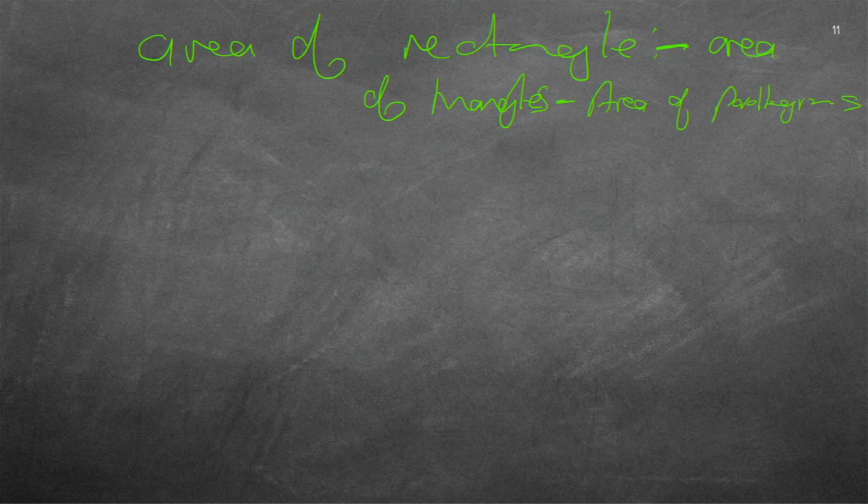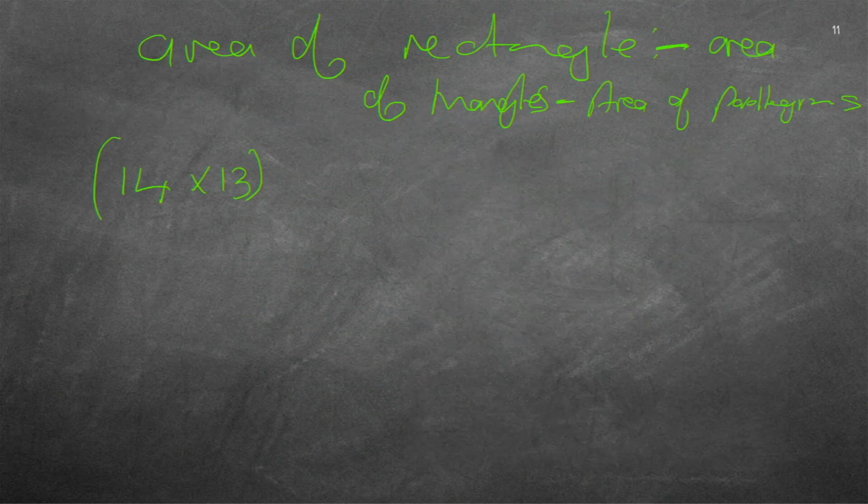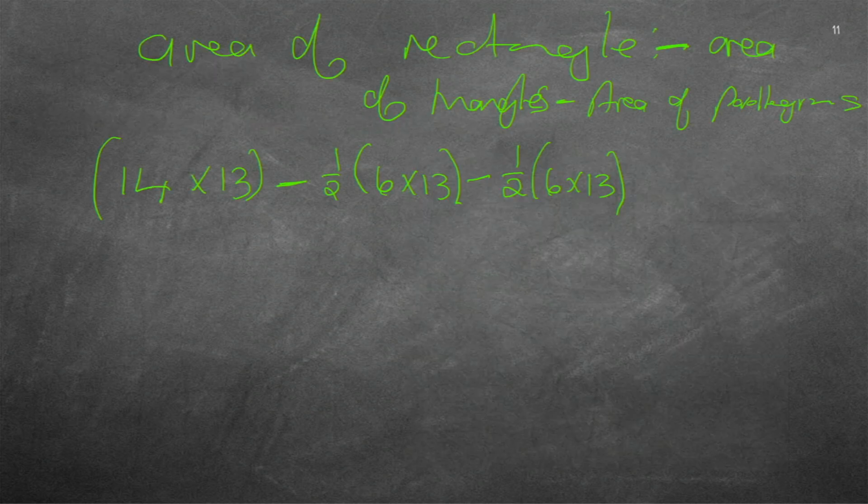Okay, so we've got 14 times 13. That is our rectangle, okay? And minus half of 6 times 13 minus another half of 6 times 13. Let's see. 6 times 13, half of that for that triangle, and a half of that for that triangle.